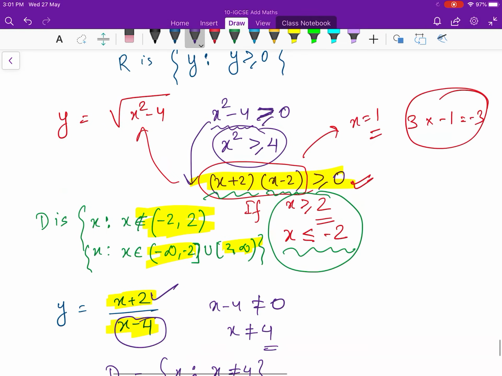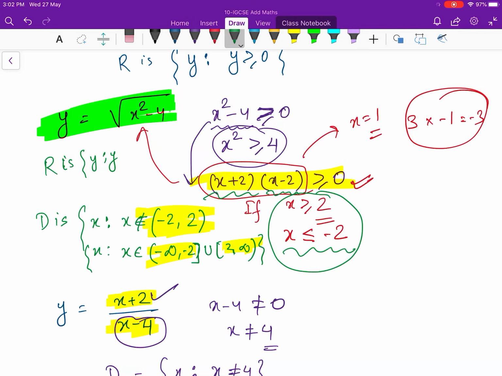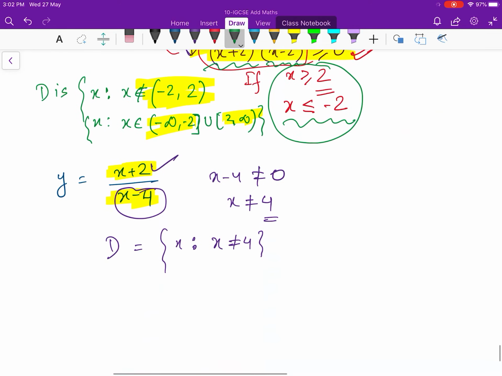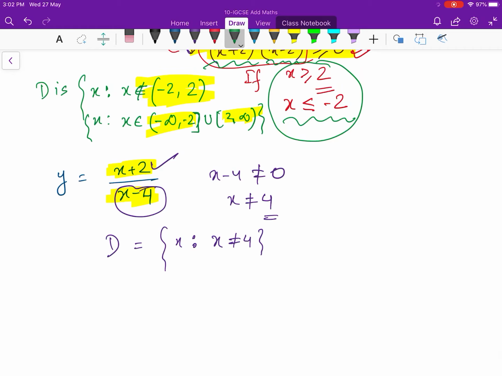Okay, so in this case I think I forgot to find the range. The range in this case will be any positive value. So range is y such that y is greater than or equal to 0. Okay, in this case the range could be anything, but 0.